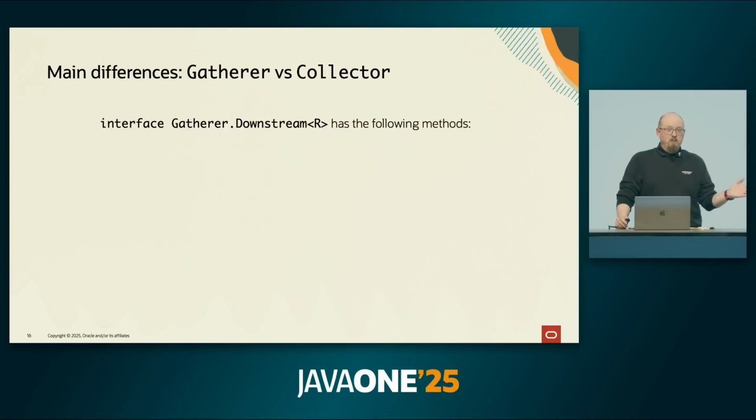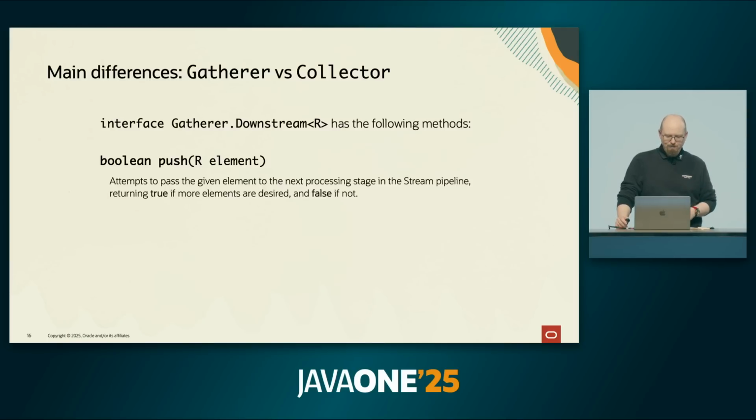What is a downstream, you ask? Well, it has a single abstract method called push, and that takes an element and returns a Boolean. And the return Boolean part is really important here because that return value is whether that downstream wants to receive any more elements. And by knowing whether your downstream wants any more elements, you can now propagate that information upstream.